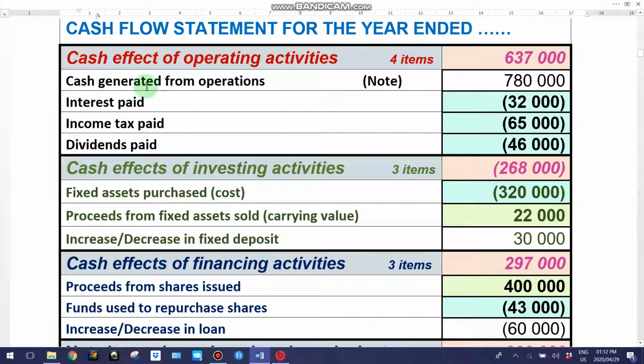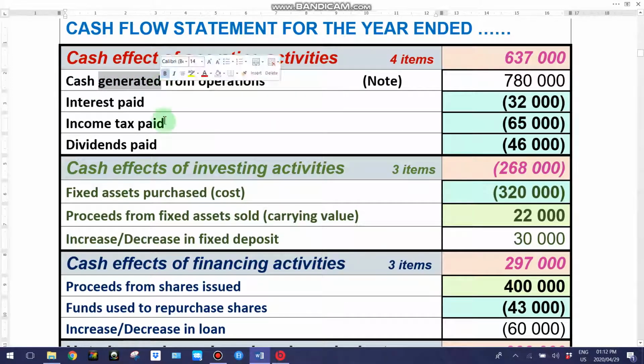When I say cash generated from operations, I'm focusing on this word generated because I'm assuming that from running my business in an effective, efficient way, I should be able to generate cash, and I expect this figure here to be a positive figure. So therefore you see there's no brackets on that amount there. I am assuming that it's positive.